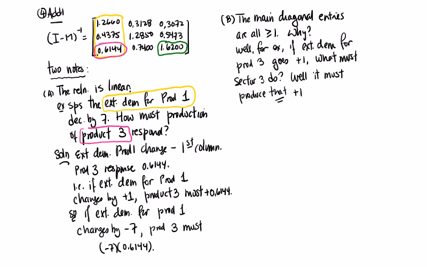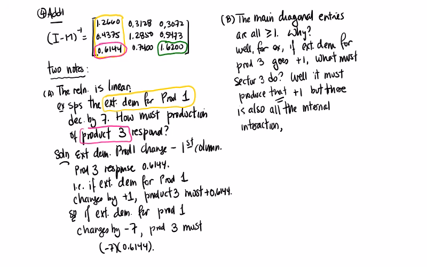But there's also a bunch of internal processing going on. Sector 3 needs things from sectors 1 and 2, and those need things from sector 3, and so on.